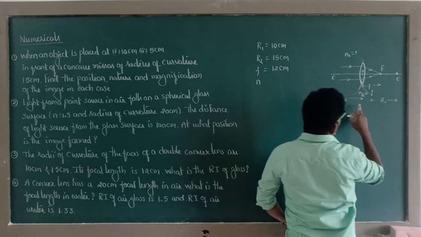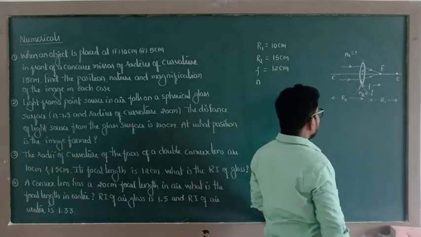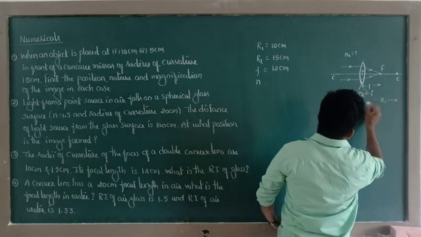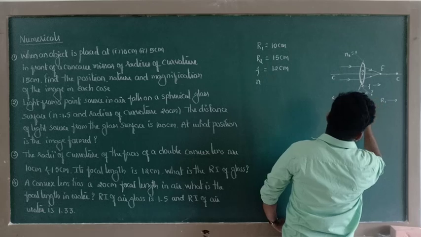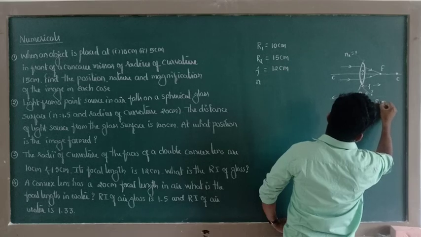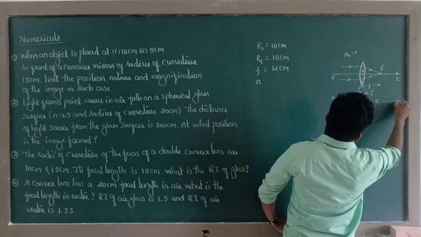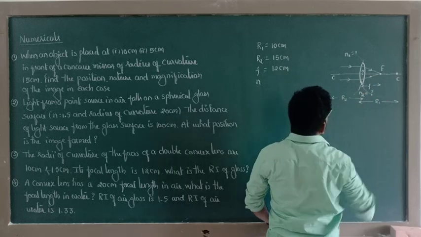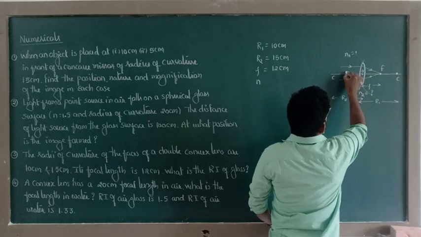Clearly R1 is in the direction of incident light from the pole, and R2 is opposite to the direction of the incident light beam.